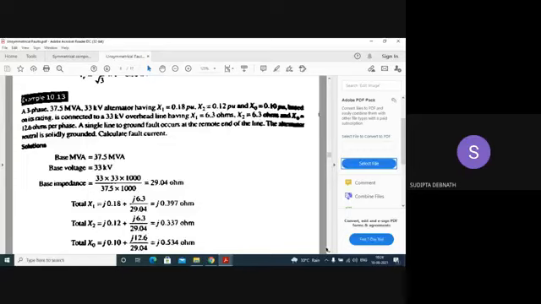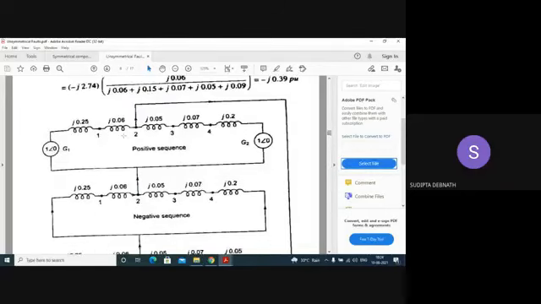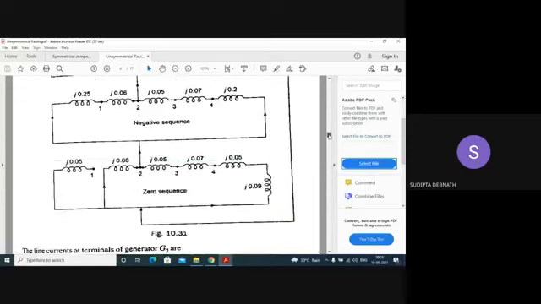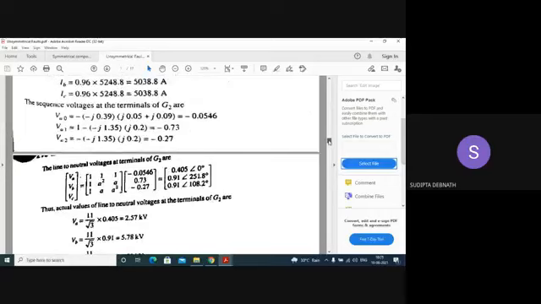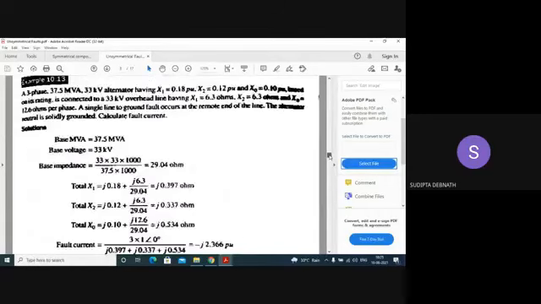So you have to be very careful about the fault point, because the sequence diagram will completely change if the fault point changes. If the fault occurs at terminal 4 or terminal 3, this will be connected here and the whole system will change. All the values will be changed. So it is very important to note where the fault has occurred.